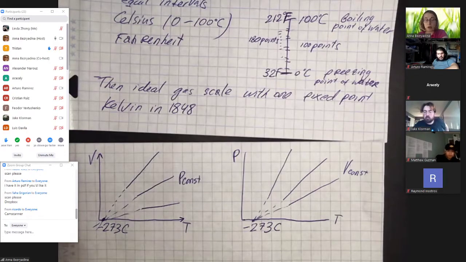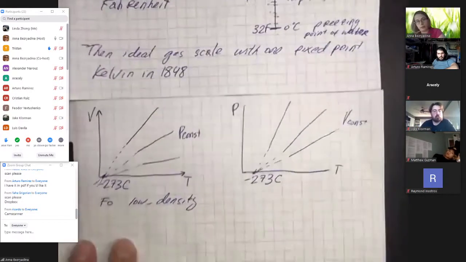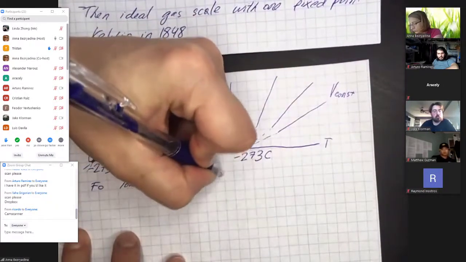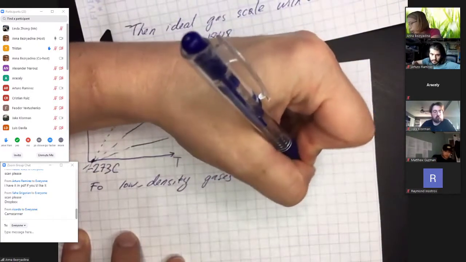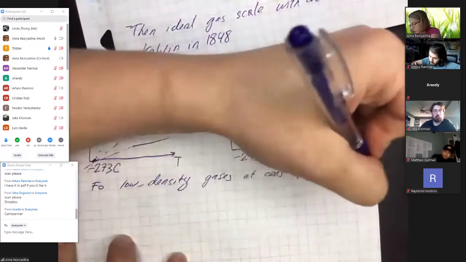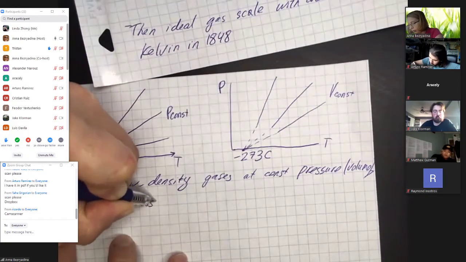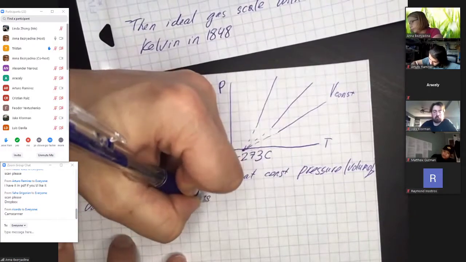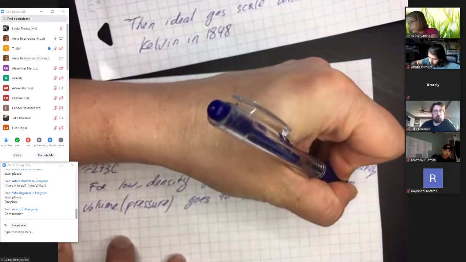So for low density gases at constant pressure or volume, in this case pressure, depending on which graph you use, the temperature goes to 0 at roughly minus 273 Celsius.